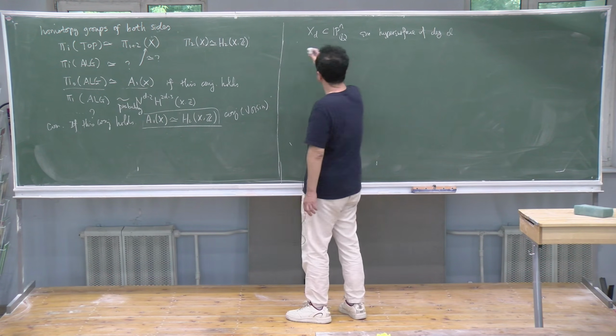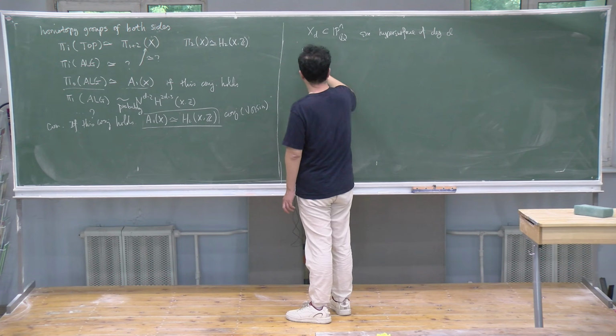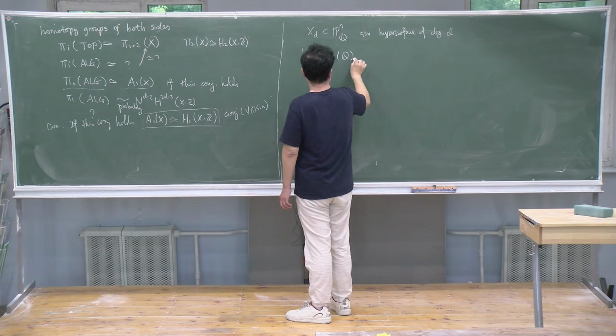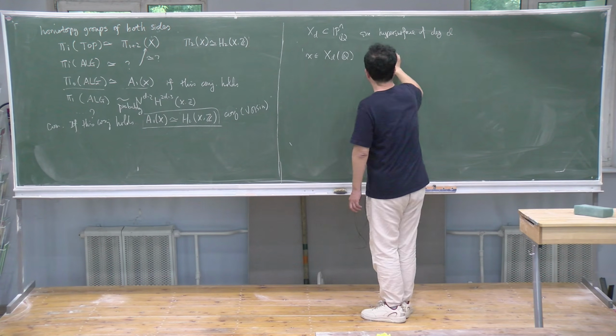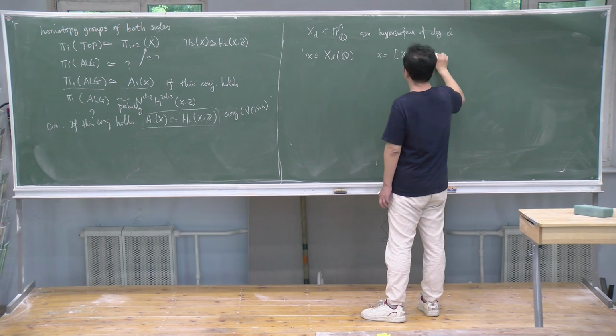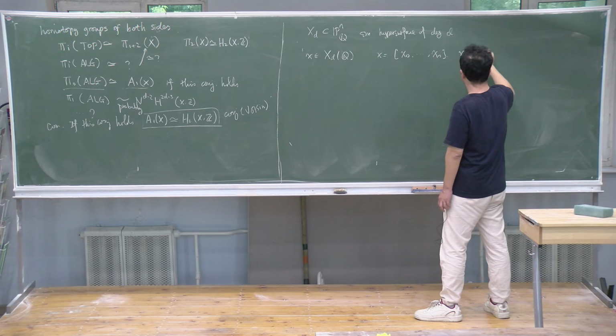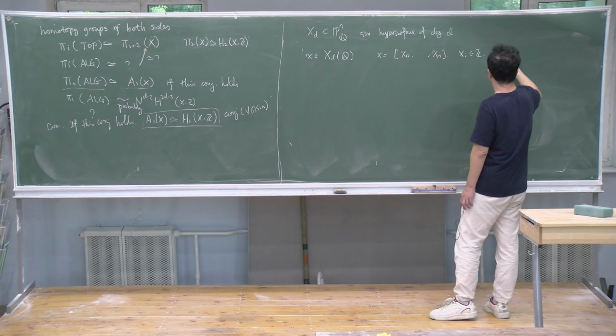So if x is in X_d(Q), then x can be represented by (x0, ..., xn), where the xi are integers and relatively prime.